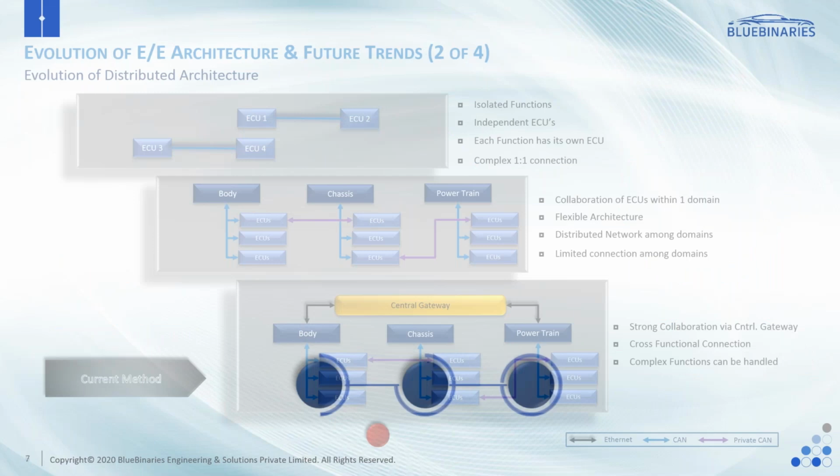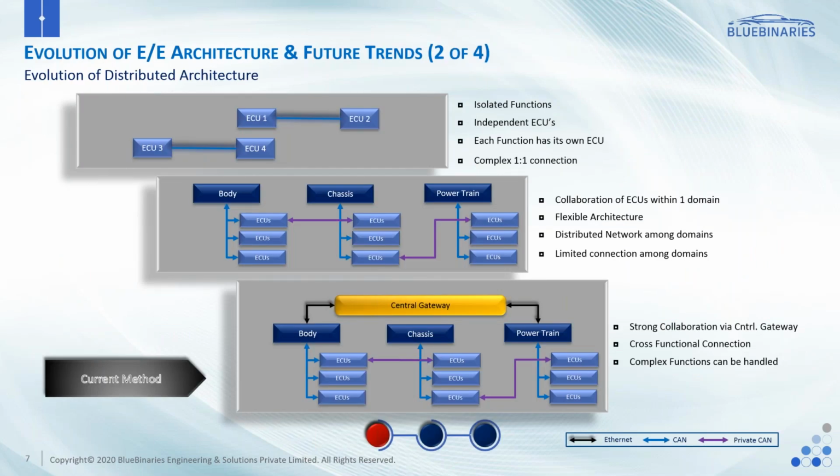So in the very beginning, when electronics was newly introduced into automotive, where the automotive moved from more of a mechanical driven to a software or electronics driven. Initially the architectures used to have very few ECUs, and most of the time these ECUs were isolated from other ECUs, where each ECU is managing a specific functionality, and it hardly speaks with the other ECUs on the car.